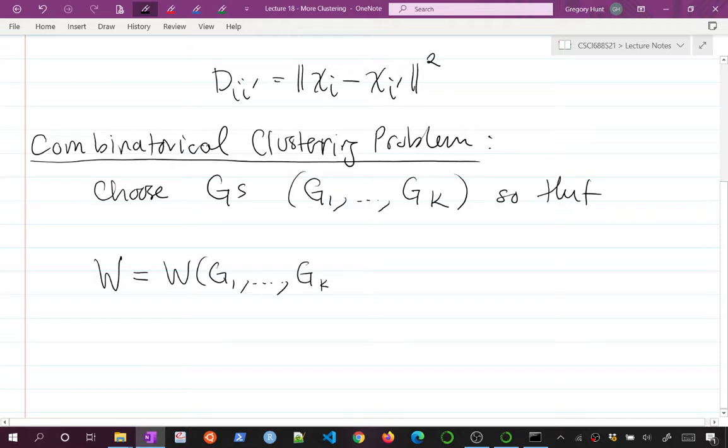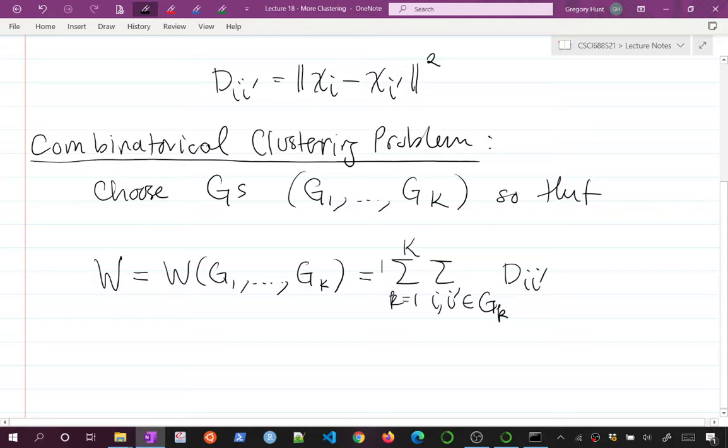For a particular cluster K, I sum over all pairs i and i prime in cluster K the dissimilarities of x_i and x_i prime, and then I sum this up for all clusters.